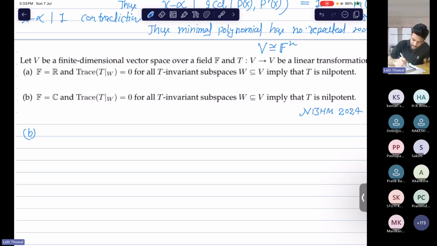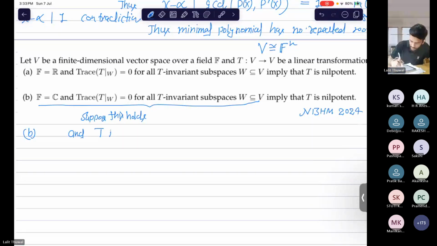Suppose this holds and T is not nilpotent. If T is not nilpotent, what can you say about it?